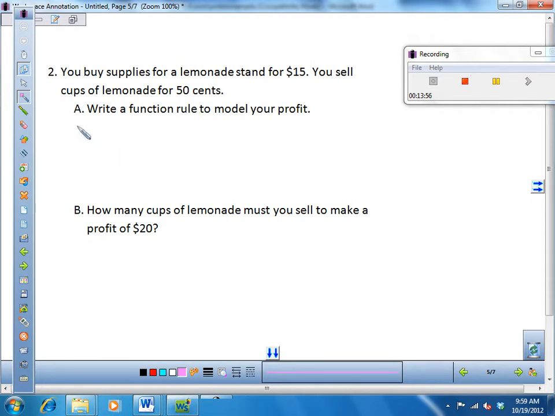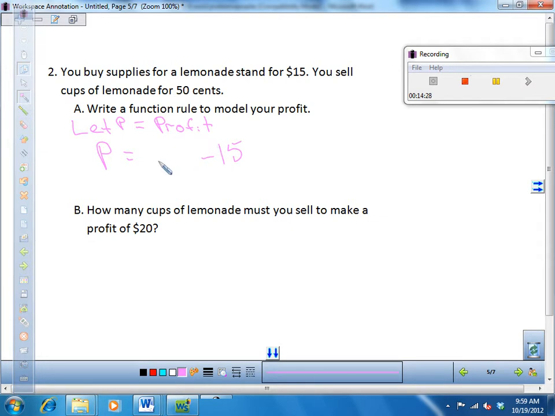You kind of got to set up a variable. Okay? So let P equal the profits. So we're going to put P over here. This is a function rule. Okay? And what are my costs? $15. So I'm going to subtract that at the end.